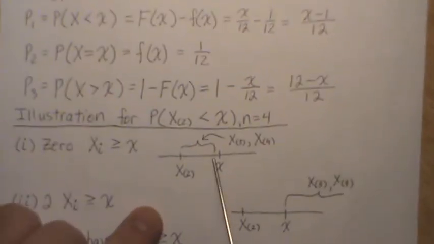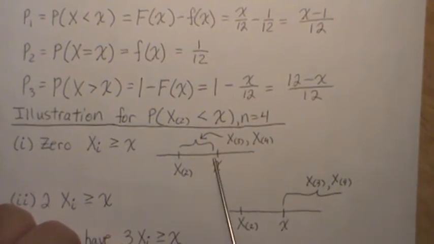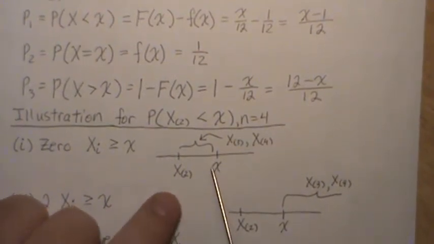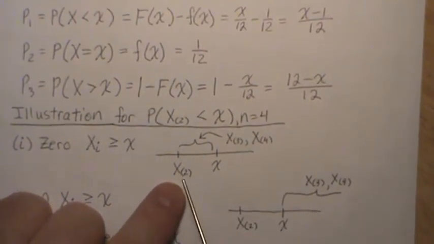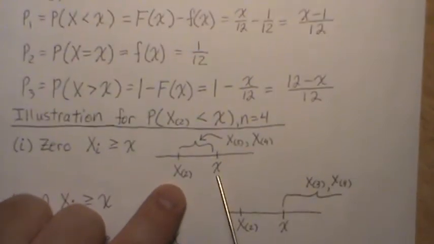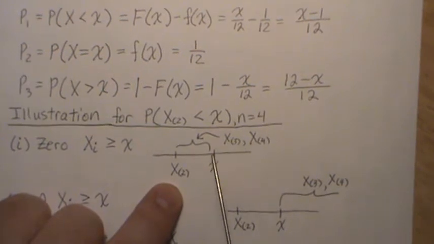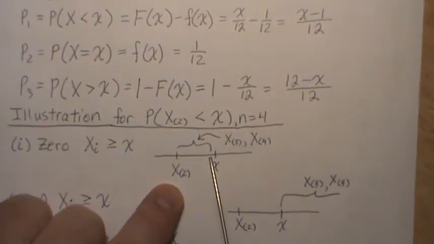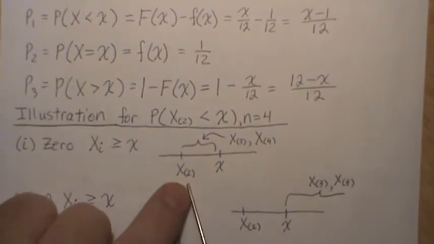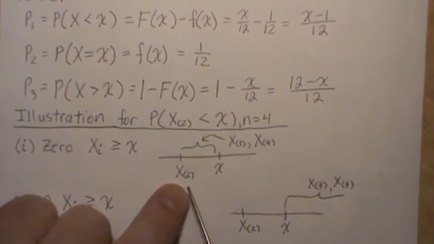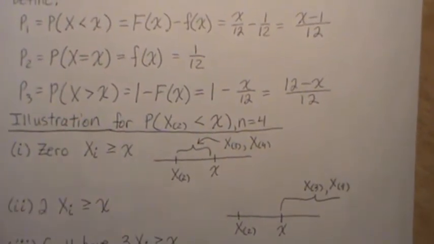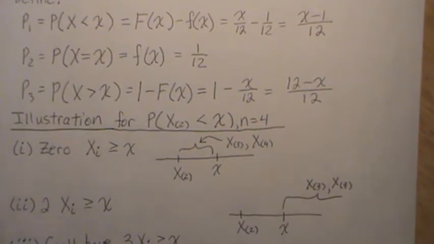That means all of our data is less than x, so X2 has to be less than that, right? X3 and X4 have to be strictly less than x, which then requires X2 to be less than that.